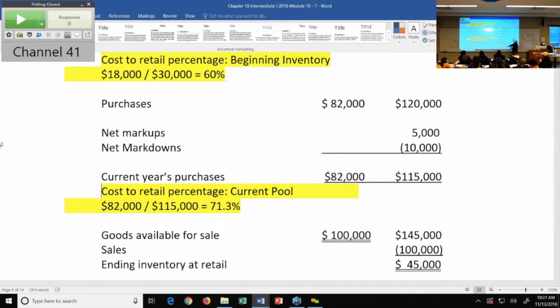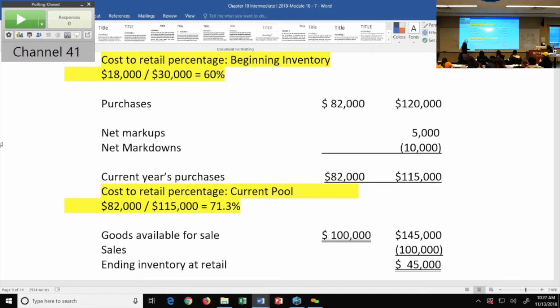So when we need to value out that inventory, we're going to price them out at, and I'll show you on the screen in a second, the pricing here is going to be at 60%, and for the current layer, it's 71.3. That's what you would use to deflate basically down to cost.